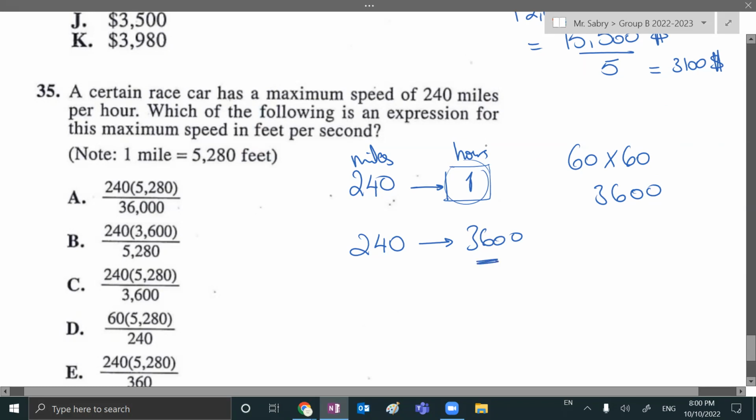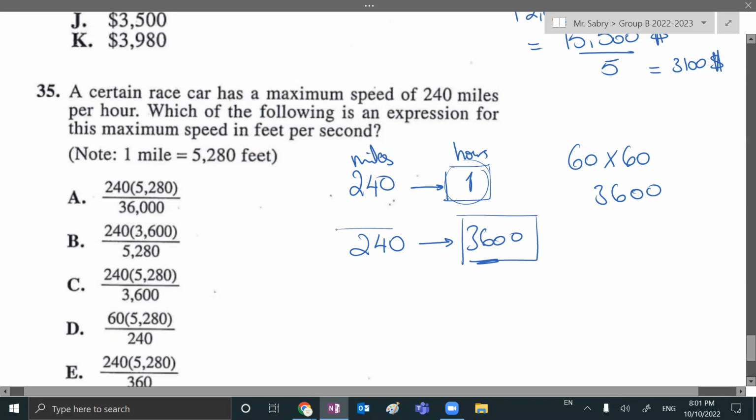So I've changed now from 1 mile is equal to 5,280 feet. So we need to multiply. I did not yet change the miles. I just changed the hours. So I changed the hours to this.